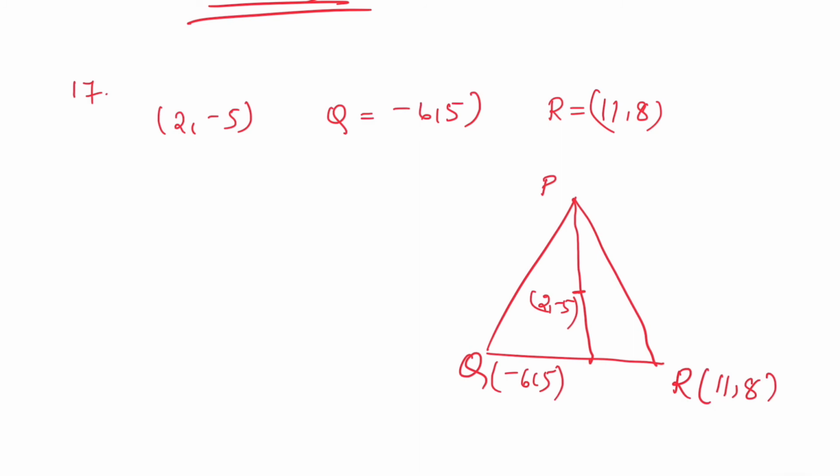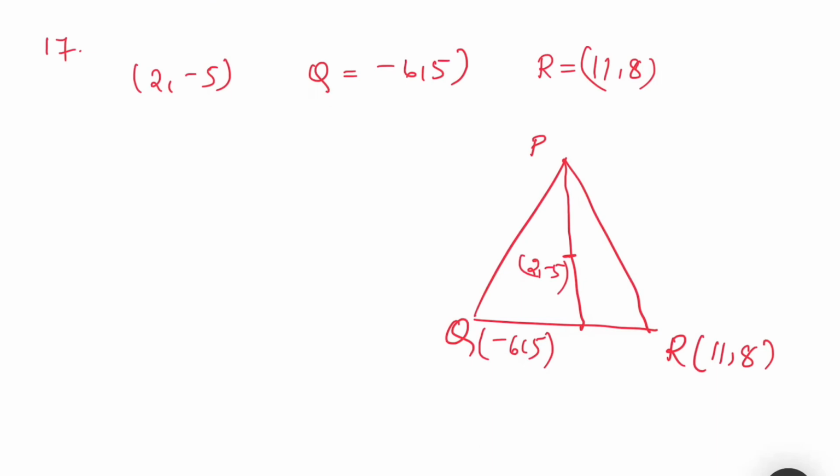How shall we find out the coordinates of P? Okay, it's clear to us that if the centroid is this, it is (2, -5). So let us come to how to solve this. Let us take the midpoint of QR first. Okay, midpoint of QR will be what?